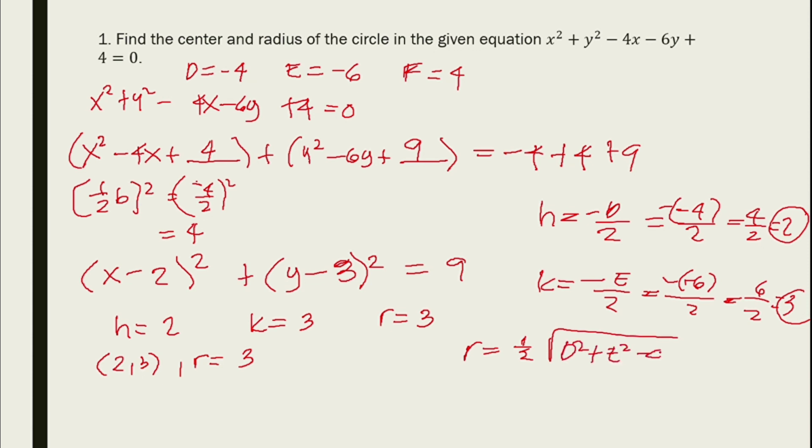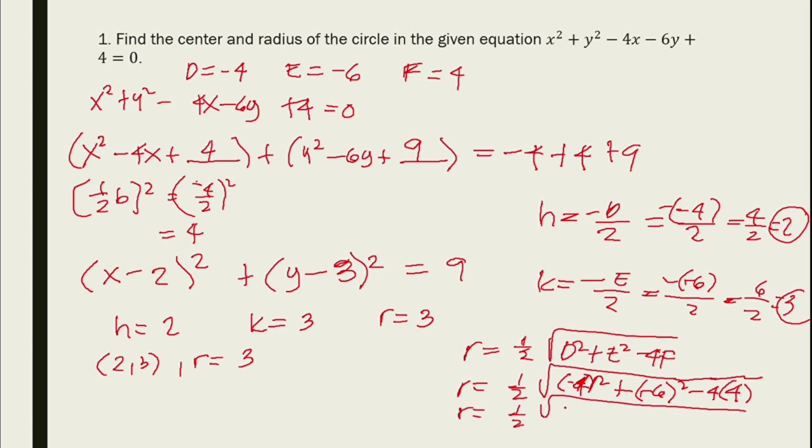So r is equal to one-half the square root of negative 4 squared plus negative 6 squared minus 4 times f, which is 4. If we calculate this part, r is one-half the square root of 16 minus 36 plus 36 minus 16, so cancel this part.